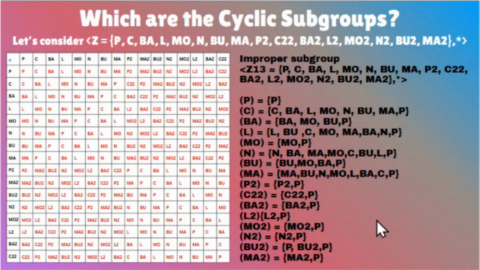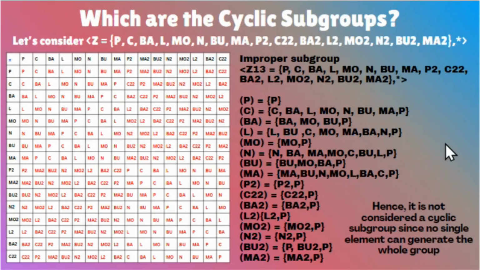So here, as you can see, there is no single generator among the 16 elements that generates the 16 elements. So therefore, it is not considered a cyclic subgroup since no single element can generate the whole group.